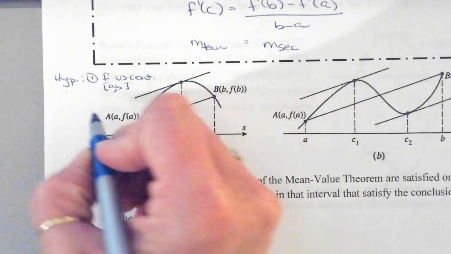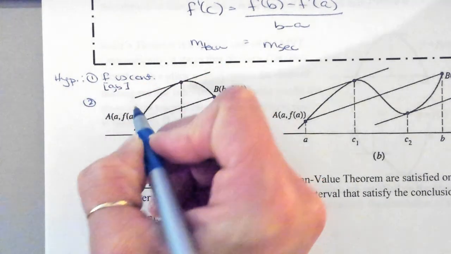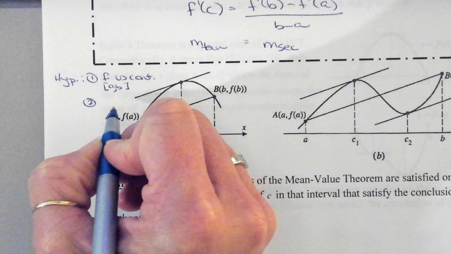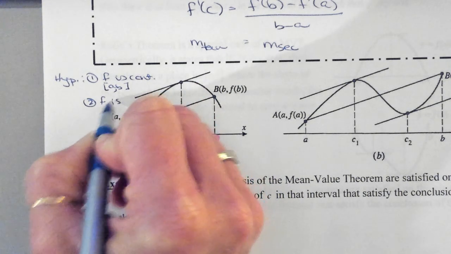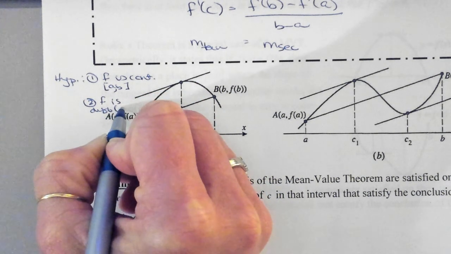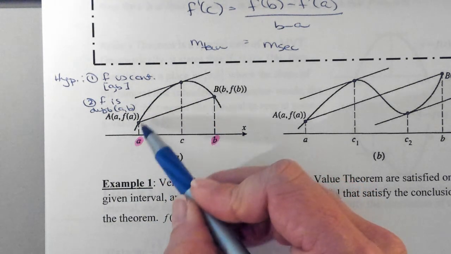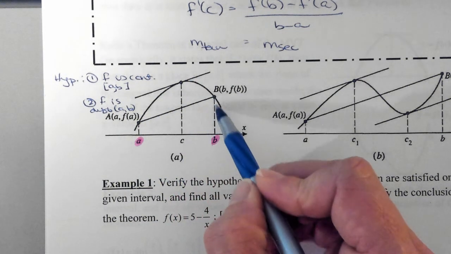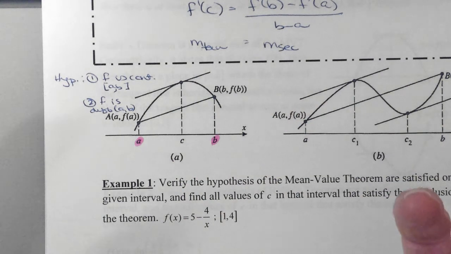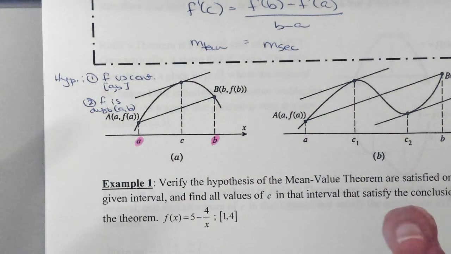All right, and then the second part is that the function is differentiable on the open interval. So f is differentiable from A to B, meaning I can take the derivative here. If you look, I could take the derivative everywhere here because on a continuous function, the only place that I wouldn't be able to would be a cusp or sharp point, like the absolute value.